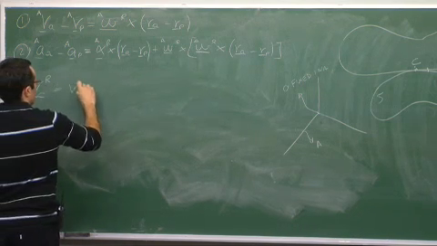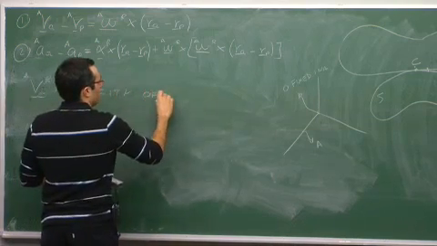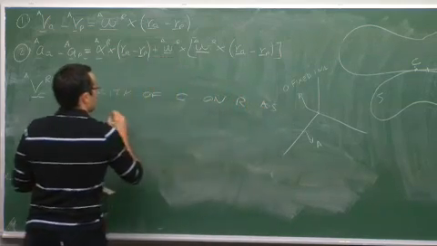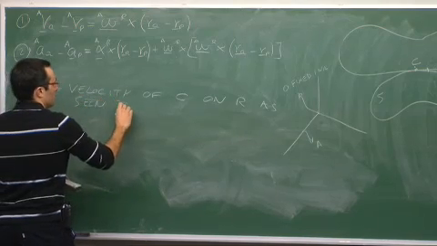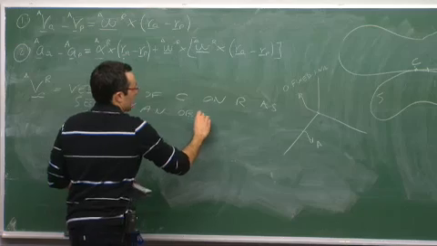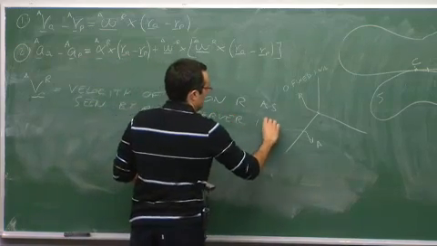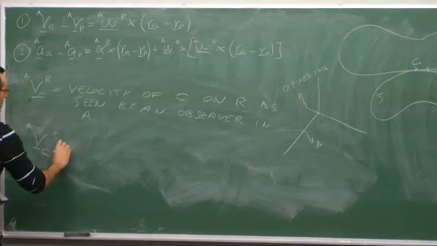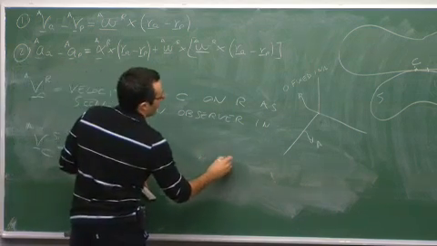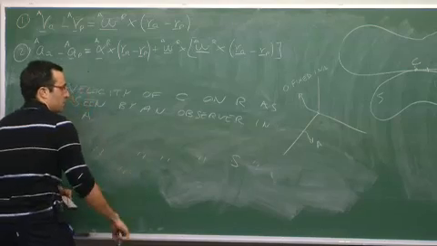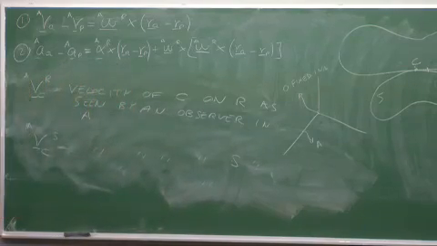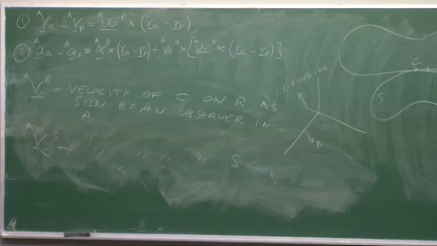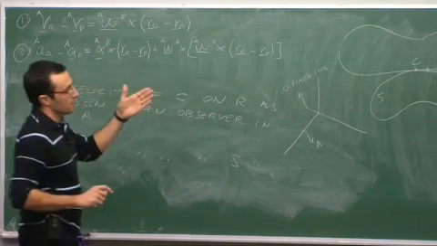So this is the velocity of C on R as seen by an observer in A. And then likewise, this is the velocity of the point C on S, same story, seen by an observer fixed in A. So rolling is this.